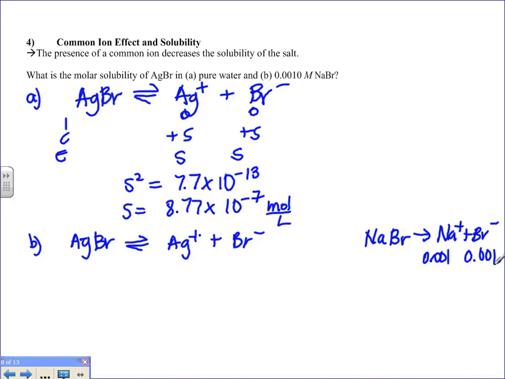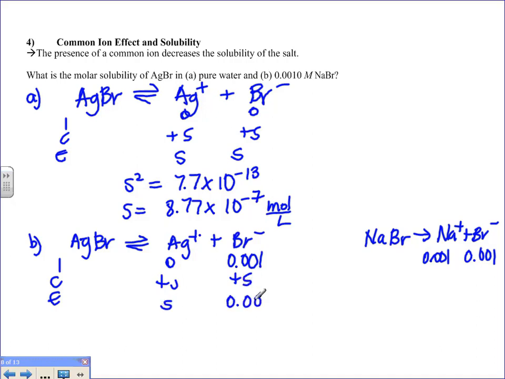Sodium ions, being spectators, don't affect the equilibrium at all, but the Br minus, by being in the solution, will affect this salt's solubility, because initially we don't have 0 ions of Br, we've got 0.001. So the Br minus here is the common ion.